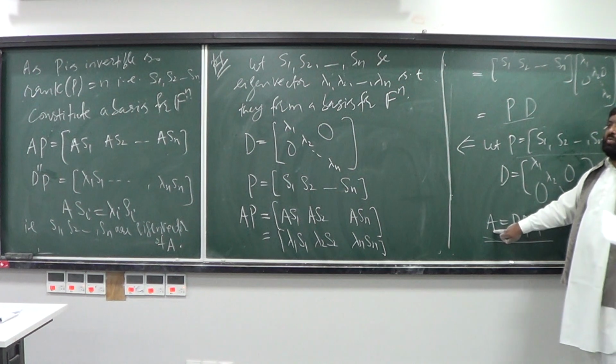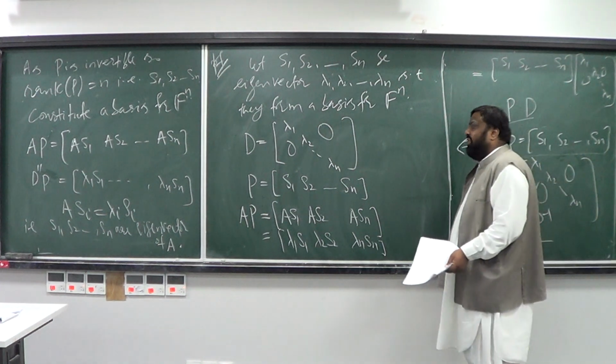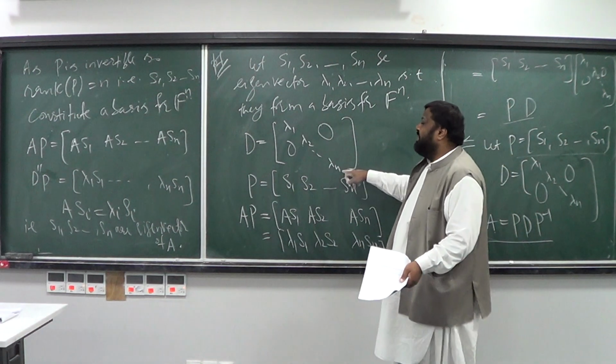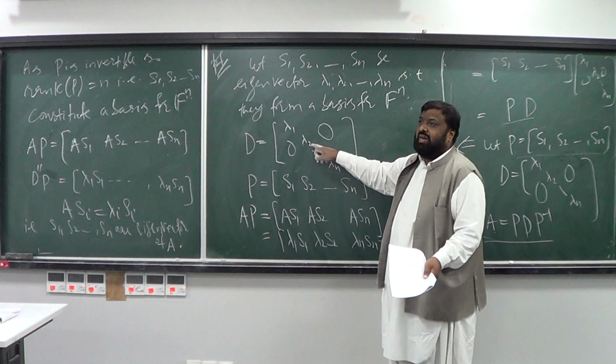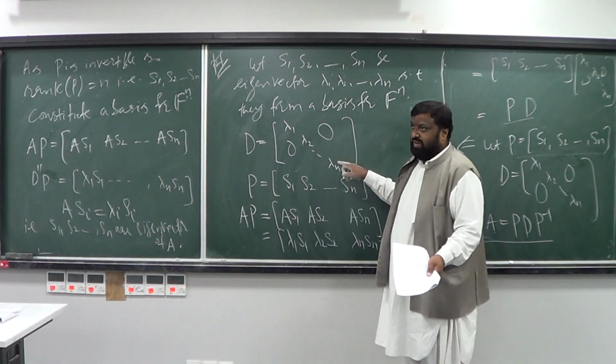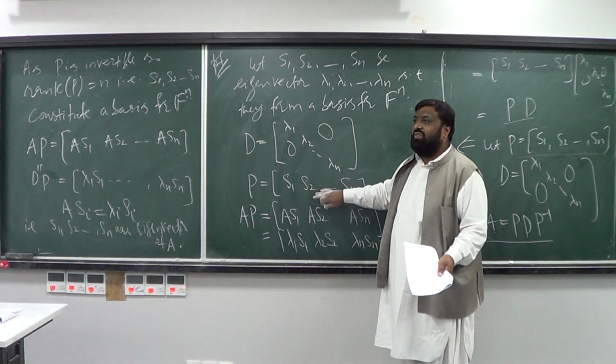Just take A, compute the characteristic polynomial, take its roots and make a diagonal matrix. Corresponding to these roots you must have eigenvectors.